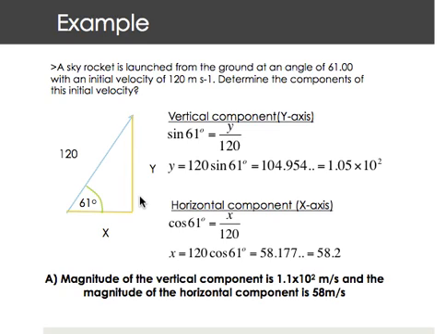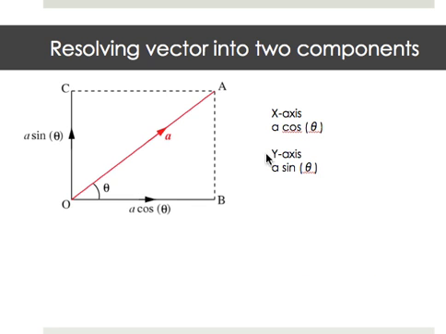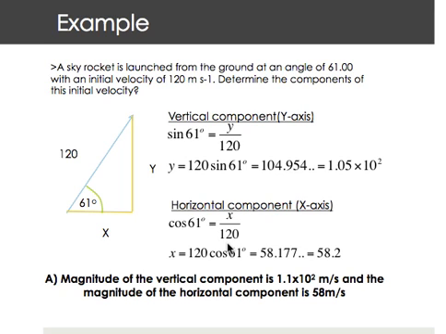As we know, the y component is A sin theta, so we can apply the concept: sin 61 is equal to y over 120, or y is equal to 120 sin 61, which is 1.05 times 10 to the power of 2.